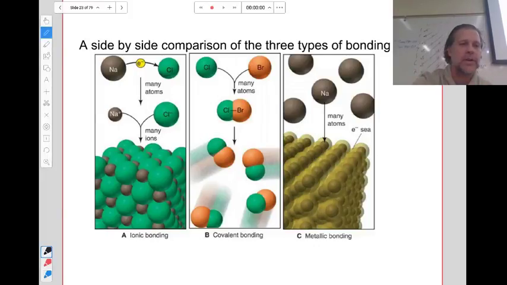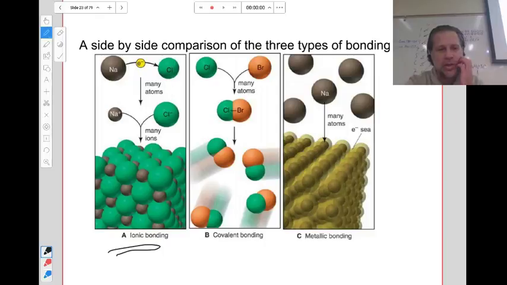And as a result of it creating that crystal lattice structure, what we end up with is alternating positive and negative charged atoms next to each other, and they create the ions. With covalent bonding, we take atoms, and as a result they form compounds, but they stay neutral, so they're sharing electrons.